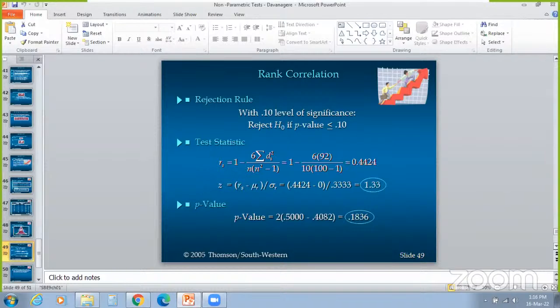So under this non-parametric test, thus far we have discussed briefly the sign test, then the Wilcoxon signed rank test, the Mann-Whitney test, the Mann-Whitney Wilcoxon test, and the rank test.